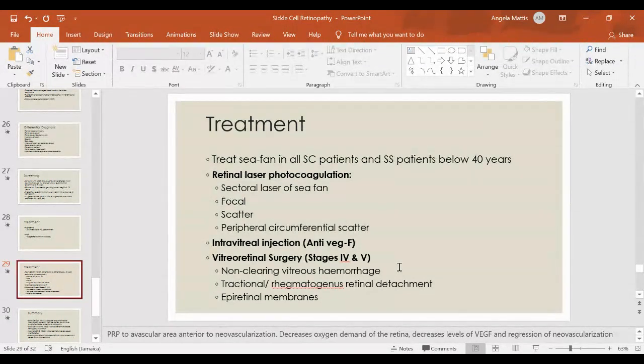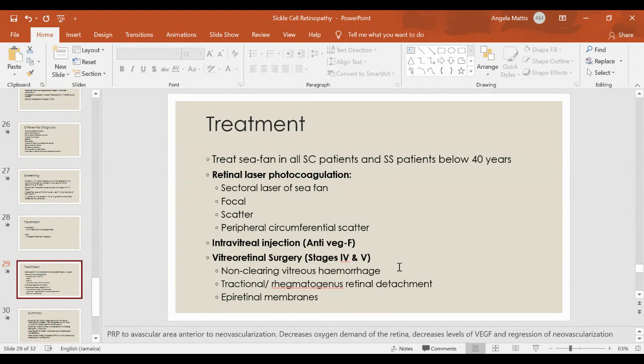Now, if the hemorrhage is non-clearing, you want to do a vitrectomy. You want to remove that non-clearing vitreous hemorrhage. Okay? And you usually give it time whenever you have one eye that's affected. So you have a patient with a hemorrhage in one eye and the other eye is normal, with essentially normal vision.